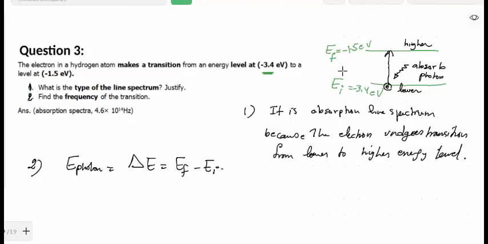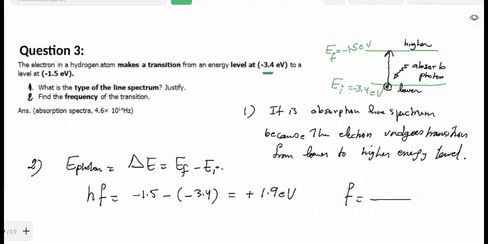So instead of E photon, we can write hf, because we're looking for the frequency of this photon. It will be -1.5 minus -3.4, which will be positive 1.9 electron volt.